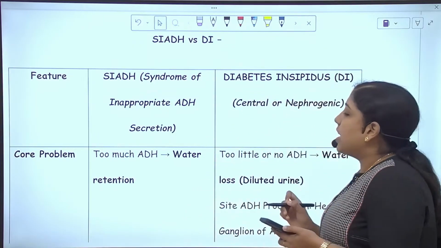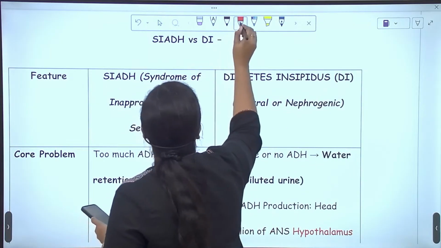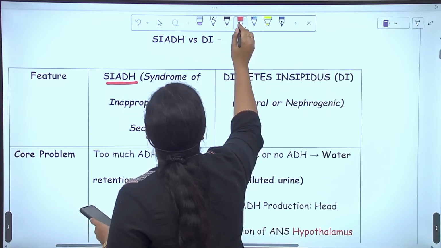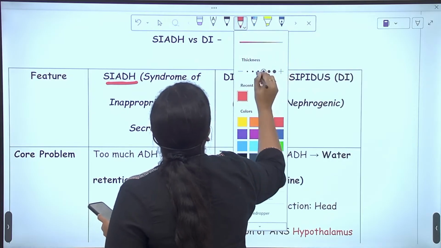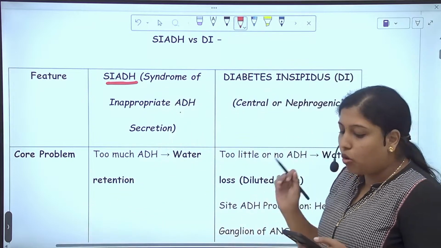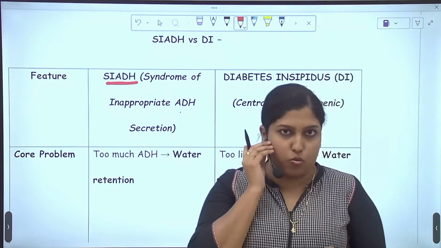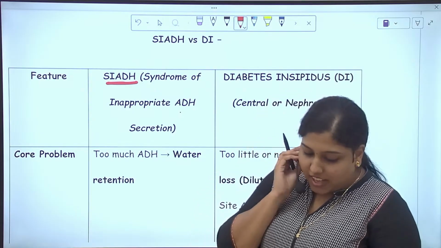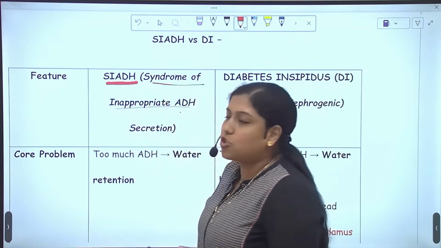So first is SIADH. What is meant by SIADH? SIADH is the syndrome of inappropriate secretion of antidiuretic hormone. Here you can see the expansion of SIADH.